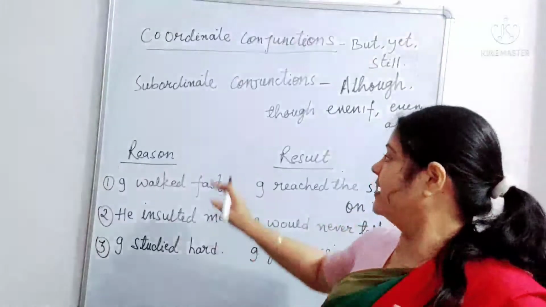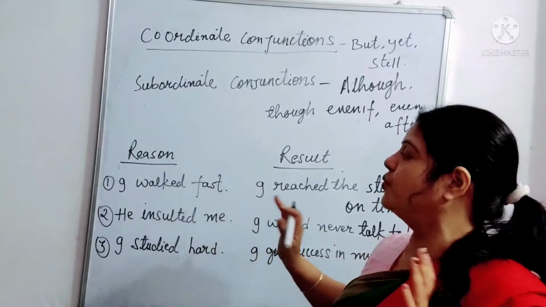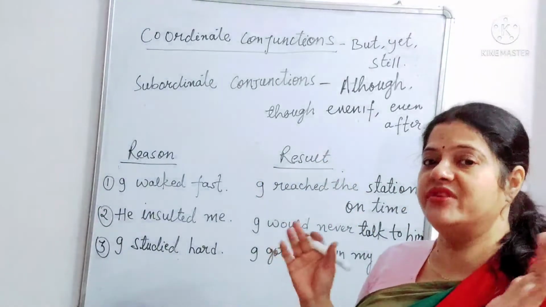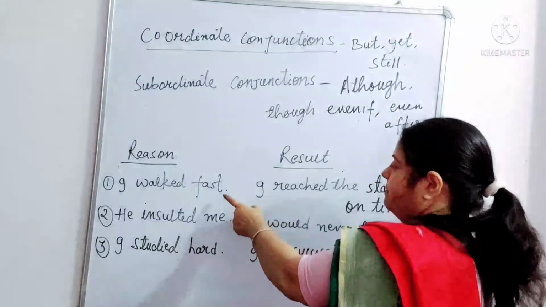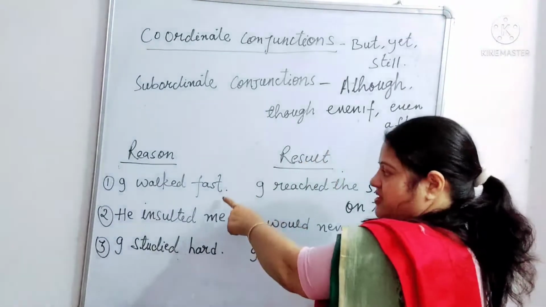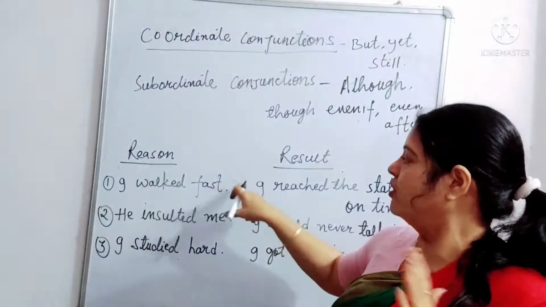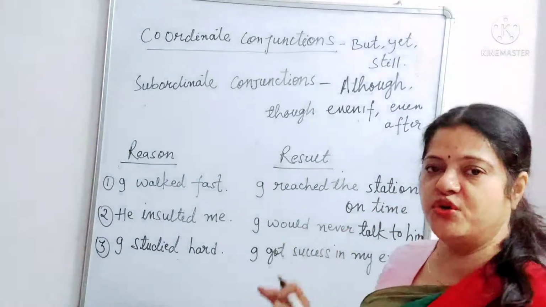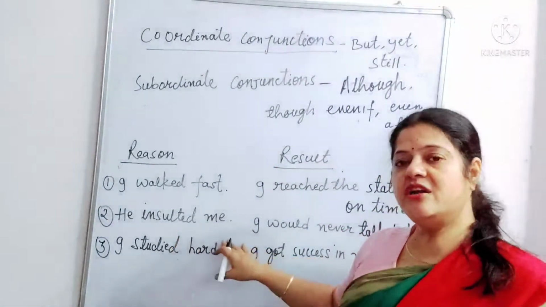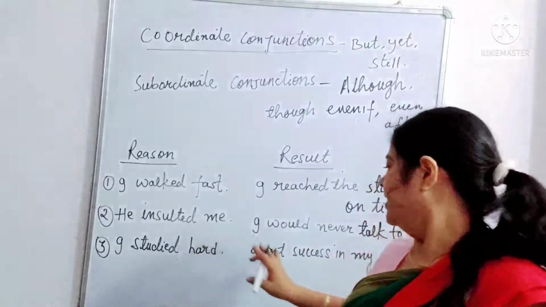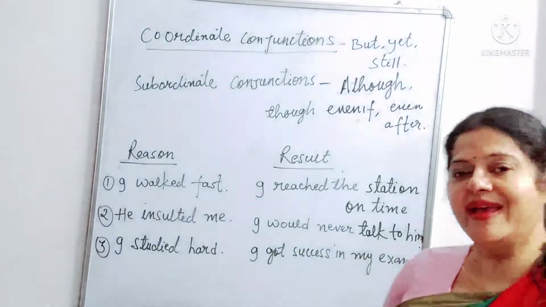So these three sentences are showing reason and these three sentences are showing result. Because of this thing, I walked fast, I reached the station on time. He insulted me, I would never talk to him. I studied hard, I got success in my exam.